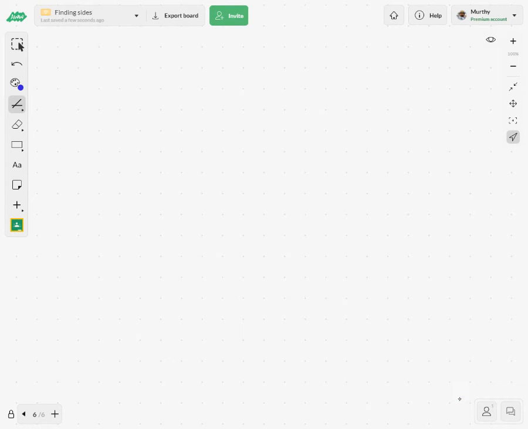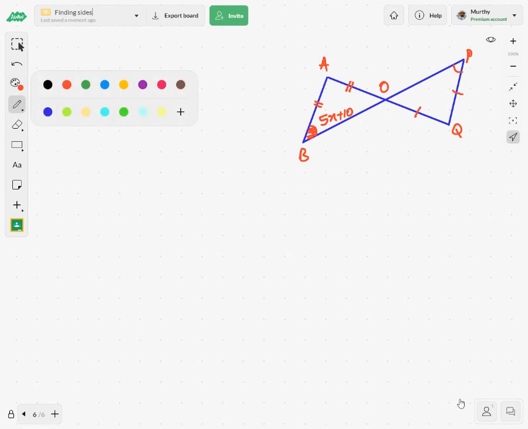Let me say that there is a line here, and next there is A, B, O, P, Q. This is 5x plus 10, and next this is given as, say, 80 degrees.